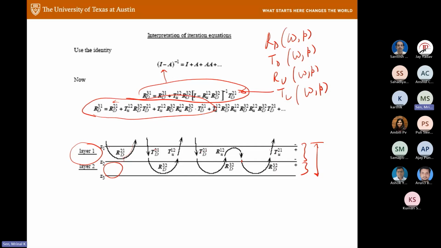Okay, so that is one advantage of using this method. And we have similar term for TD and RD, RUTU, and other terms, and they mean exactly the same thing.